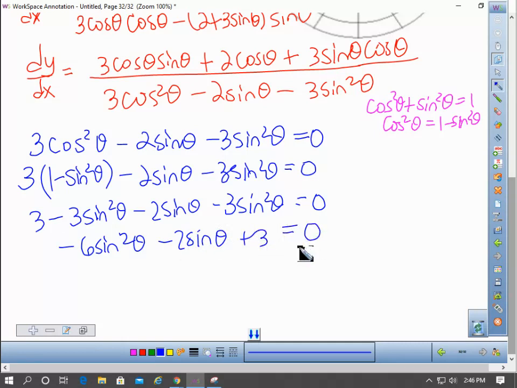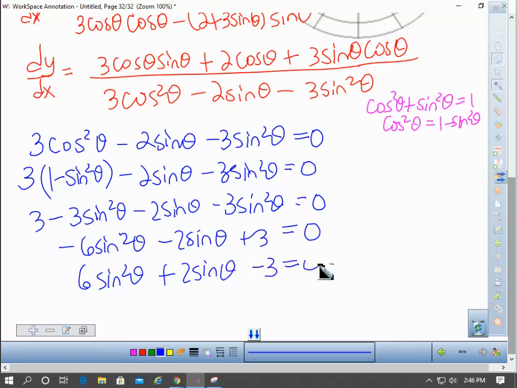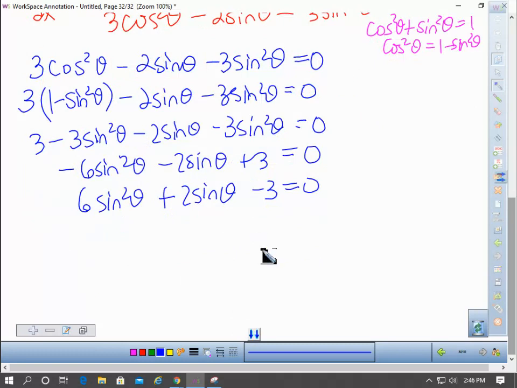I put the higher power first because I'm wanting to factor this. I can even multiply through by negative 1 to help me out. So that would be 6 sine squared plus 2 sine minus 3 if I multiply through by negative 1. Now, the thought would be to try to factor this. Unfortunately, this is not factorable.